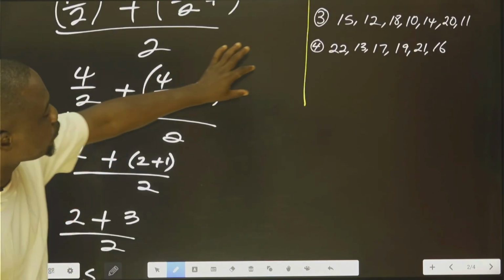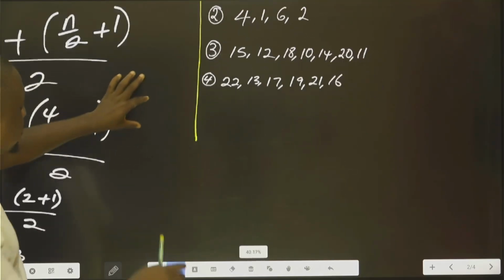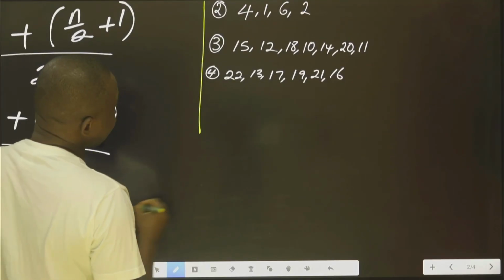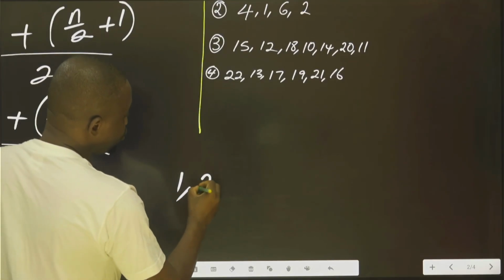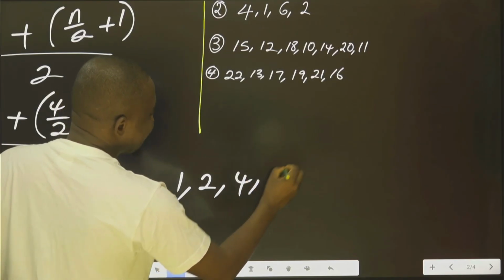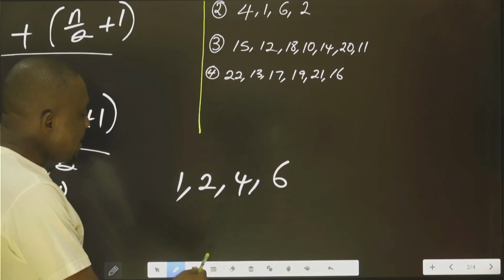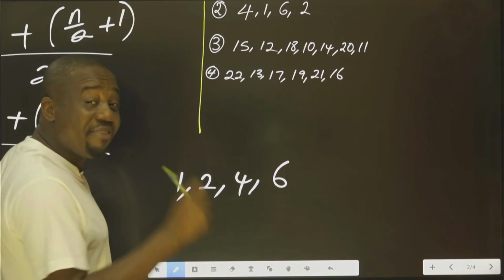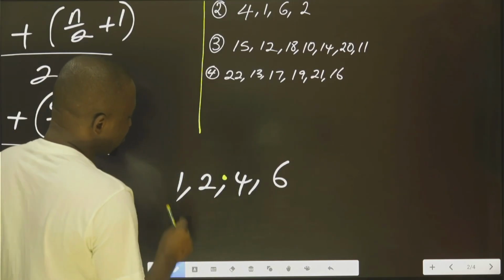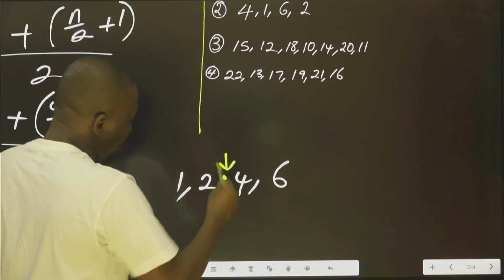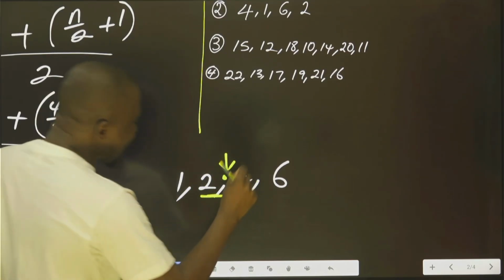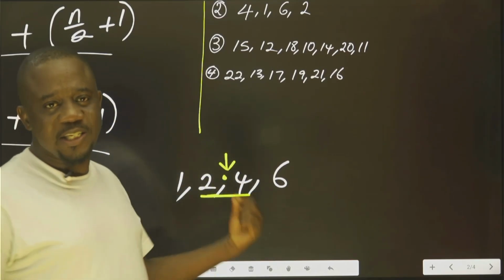So if we come to the question, let's arrange it in ascending order: 1, 2, 4, 6. It means 2.5, this location, between 2 and 3, is the middle point. It means you have to use the numbers surrounding this point.